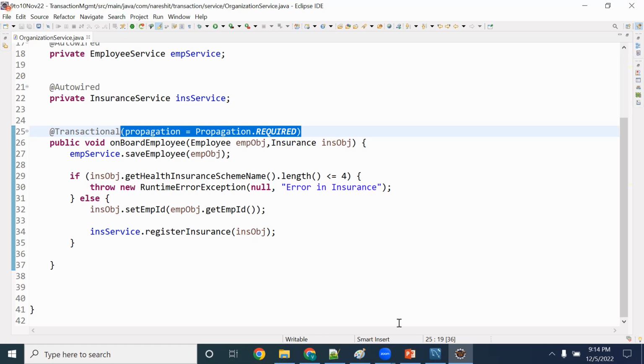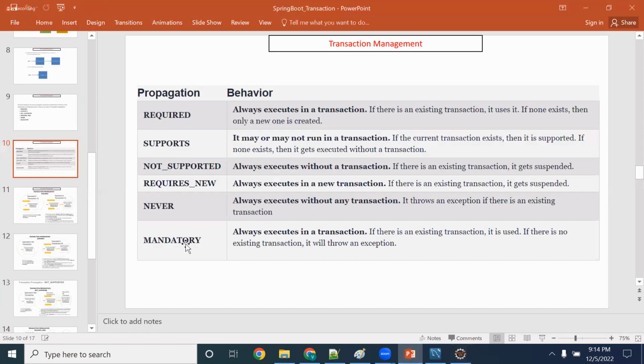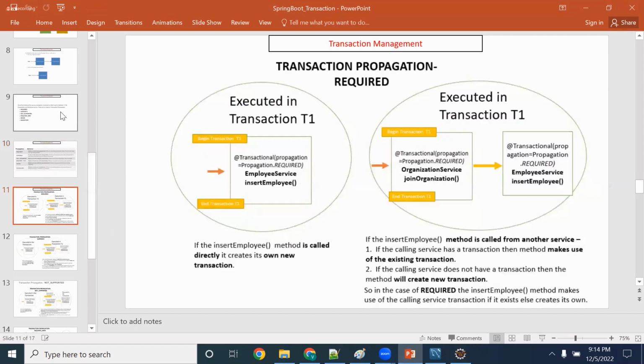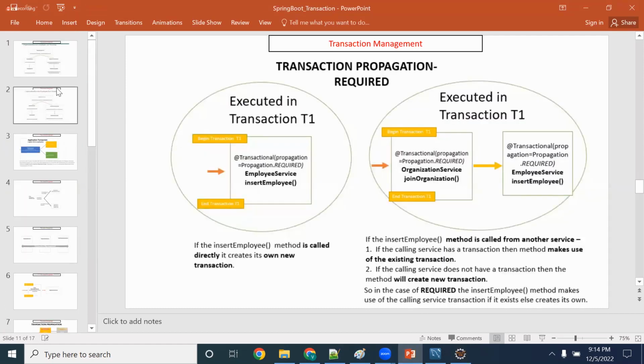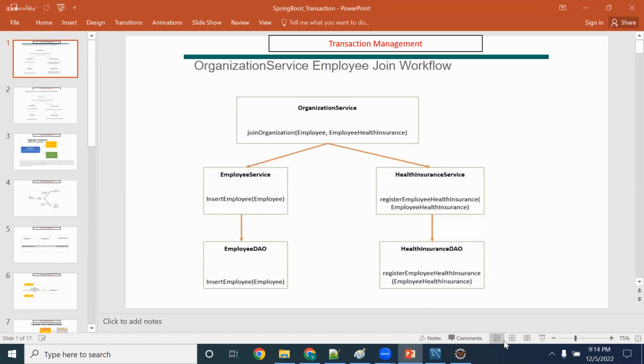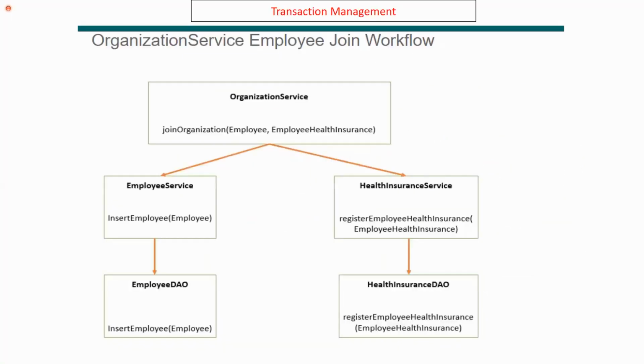Assuming that in my example, organization service, as well as employee service, as well as insurance service, totally 3 services are there, right? Yes or no? Now, as I told, I am going to add some entertainment.